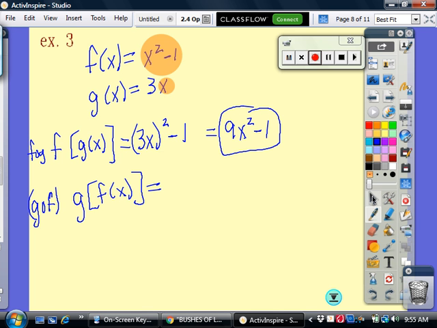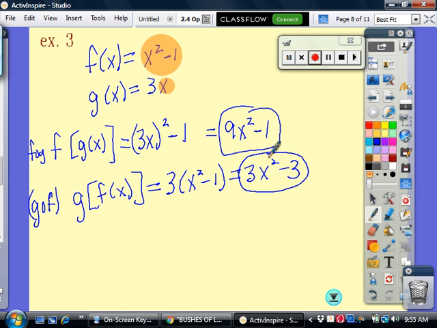The most common mistake of these is doing them backwards. So remember, whichever one's in the parentheses is the one you're plugging in. So I'm taking all of f and putting it right here. So 3 times x squared minus 1. And that gives me 3x squared minus 3.